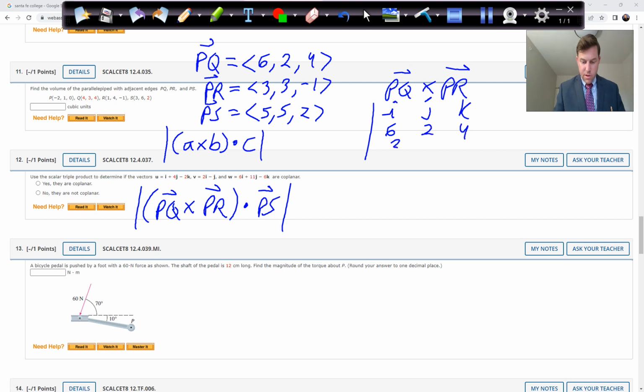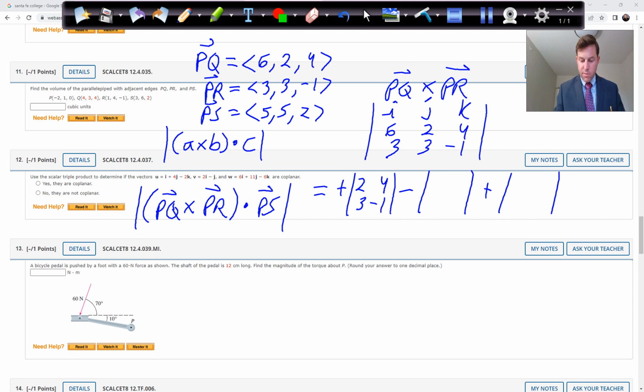PR is 3, 3 minus 1. Cover up I, you get 2, 4, 3 minus 1. Minus sign from the order, plus, minus, plus. Cover up the J column, 6, 4, 3 minus 1. Cover up the K column, 6, 2, 3, 3.